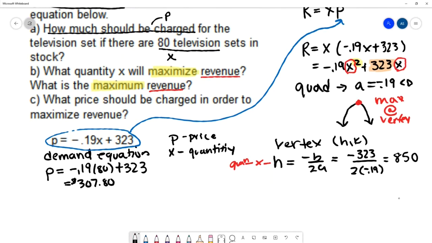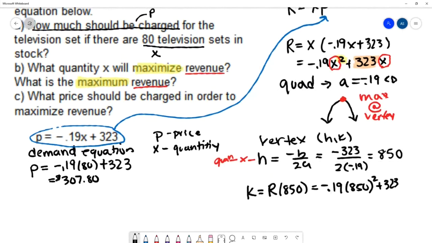So then we're going to find the k. We find the k by substituting into our revenue function. That's negative 0.19 times 850 squared plus 323 times 850.